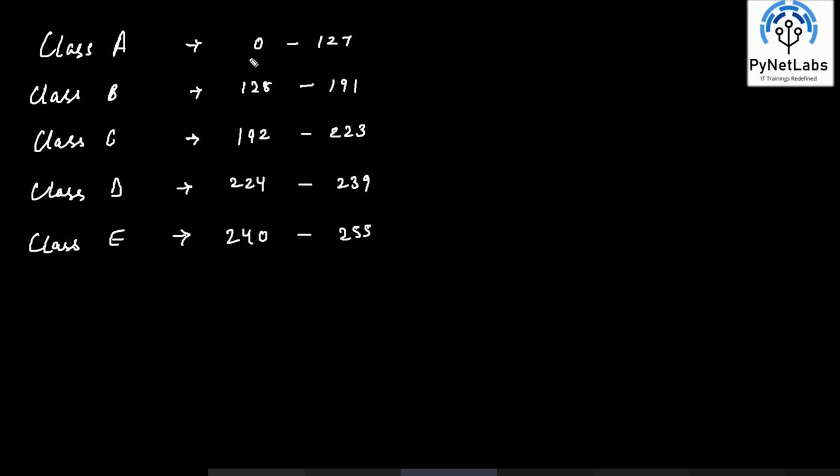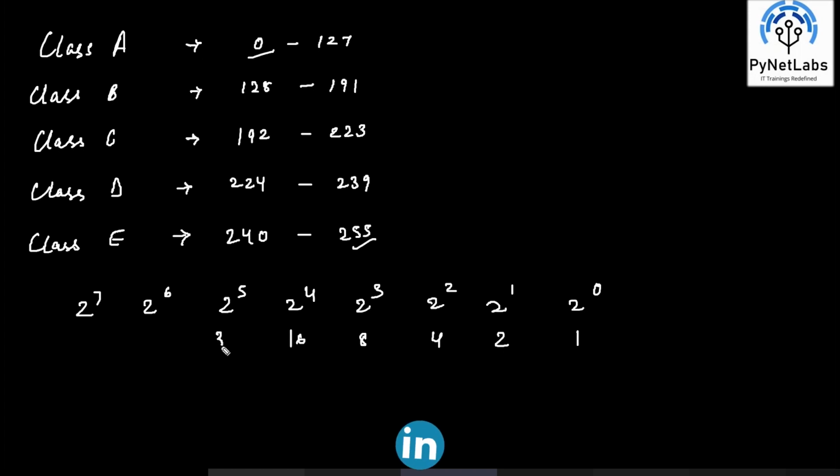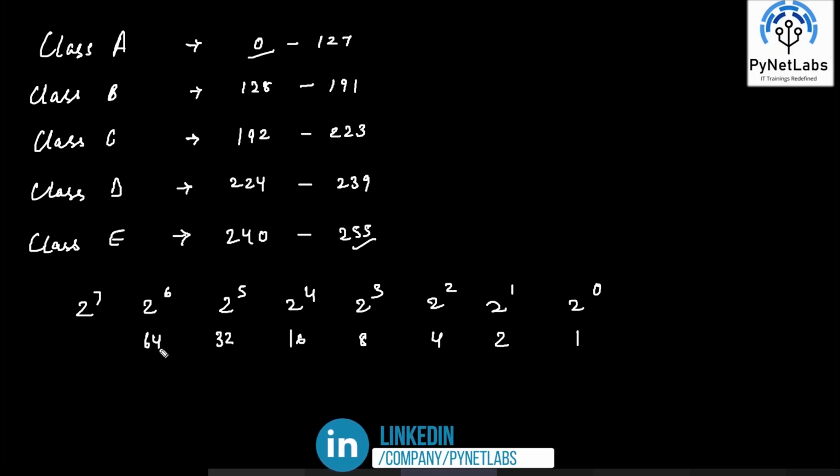Now why from 0 and why till 255? Let's understand this first. As we discussed, there is a master formula, and the values of these are 1, 2, 4, 8, 16, 32, 64, and 128.